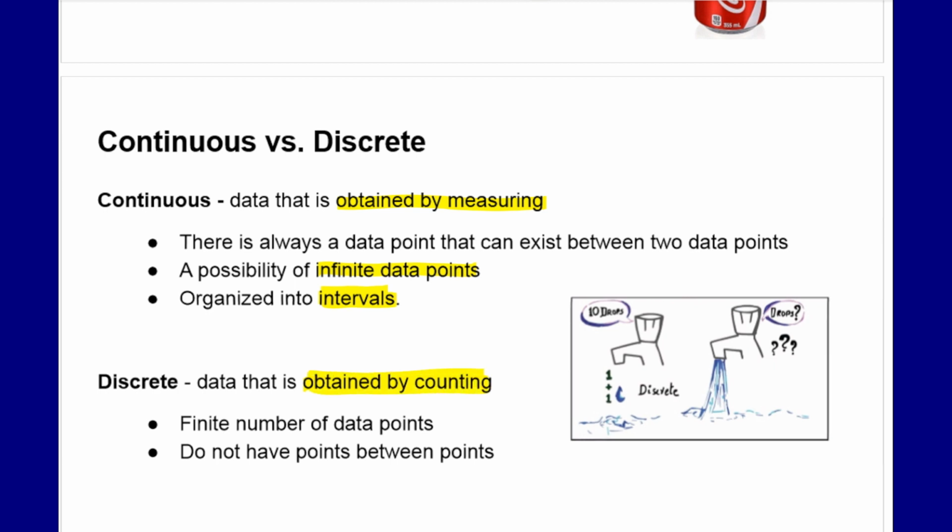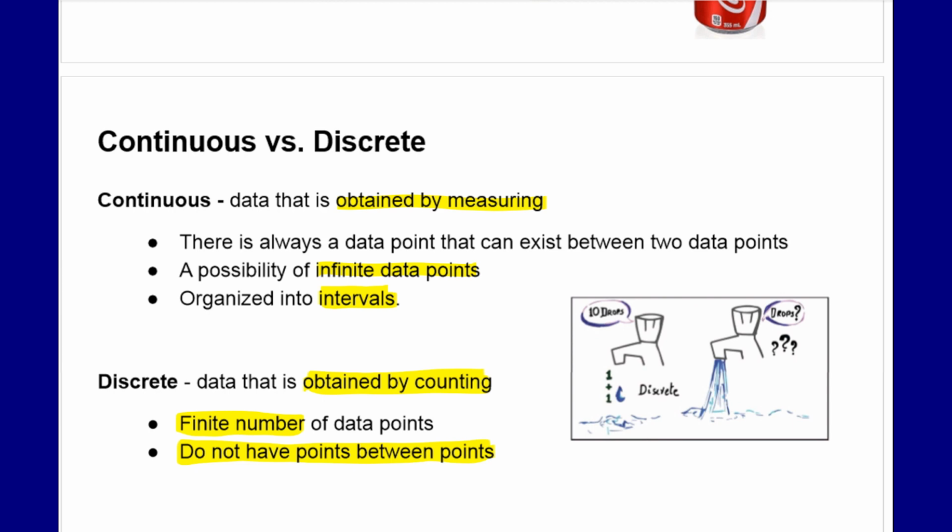There's a finite number of data points, a limited or fixed number, and you don't have points between points. Say, for example, you're looking at baskets made in basketball. You have one basket or two baskets. You're not going to have 1.5. It's 1 or 2 or 3 or 4 or 5, and so on.